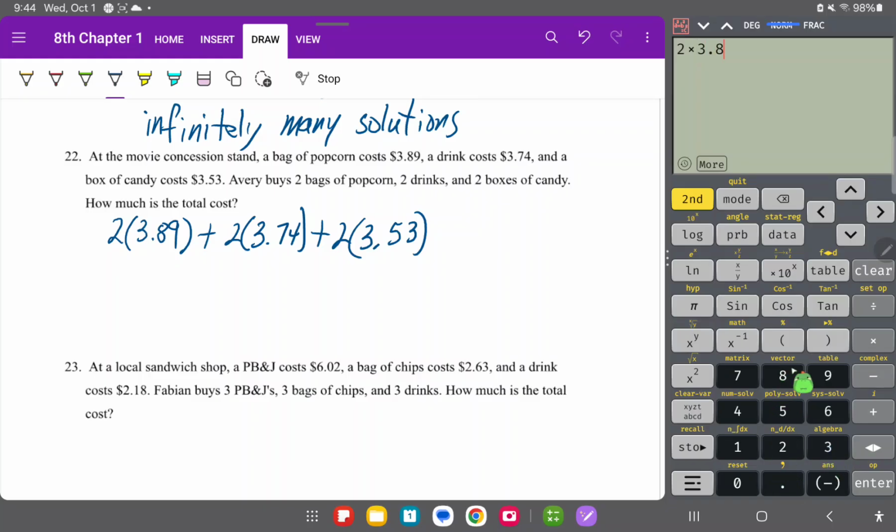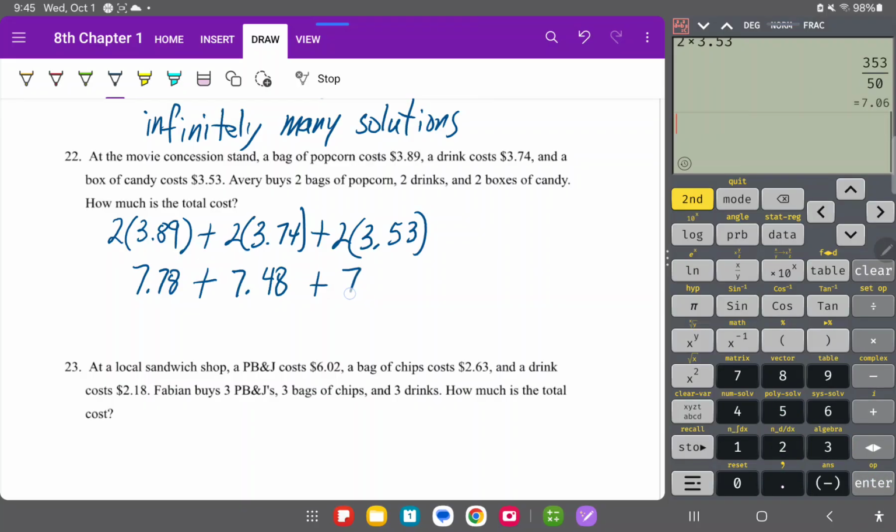So we're going to go 2 times 3.89. And so that gives you $7.78 plus 2 times 3.74. So that's going to give you $7.48 plus, we need to do 2 times $3.53.